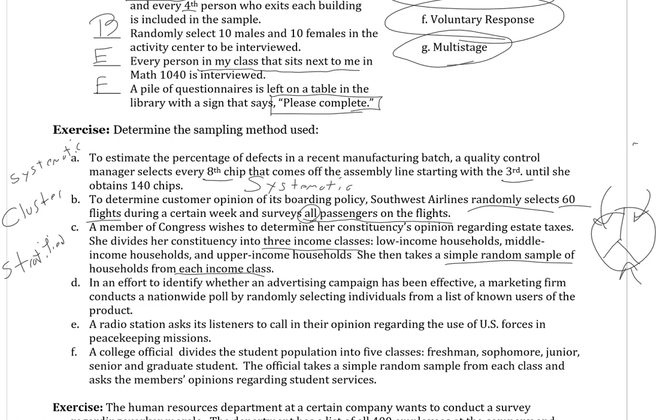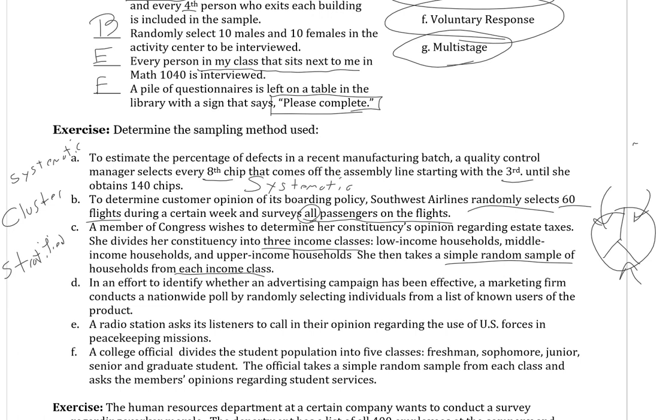All right, letter D. In an effort to identify whether an advertising campaign has been effective, a marketing firm conducts a nationwide poll by randomly selecting individuals from a list of known users of the product. Okay, now this one I could see some contention. There's not too much given. Some people would say that this is just an SRS because they're randomly selecting individuals from a list, which sounds like an SRS in theory.